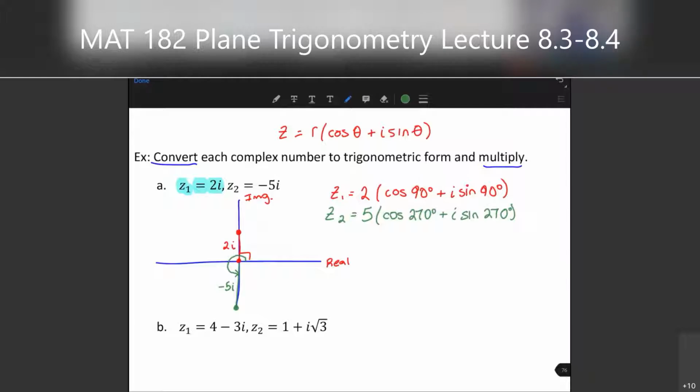All right, and now that we got them in the trigonometric form, let's just do our multiplication and see what we got. So in this case, we'll have Z1 times Z2.